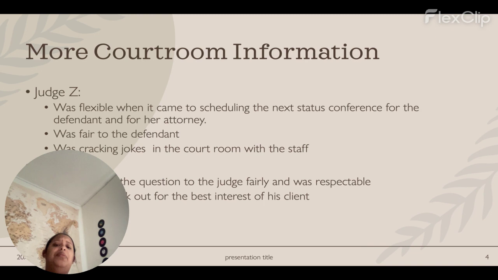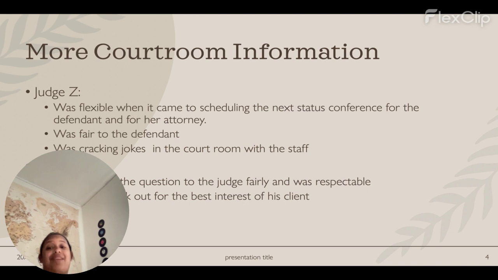Some more courtroom information about this specific case. Judge Z, again not using the judge's real name, was flexible when it came to scheduling the next status conference for the defendant and her attorney. He was very fair and lenient to the defendant, and was cracking jokes in the courtroom with all the courtroom staff.